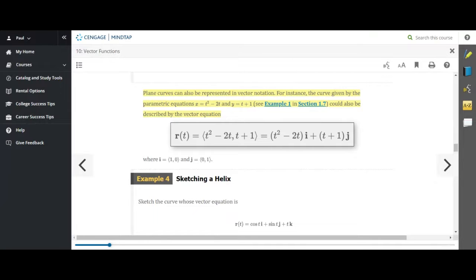If you had parametric equations x equals t squared minus 2t and y equals t plus 1, you would represent the vector equation that way. You've actually done this before. You just probably didn't realize it.